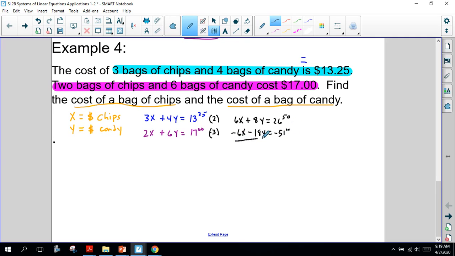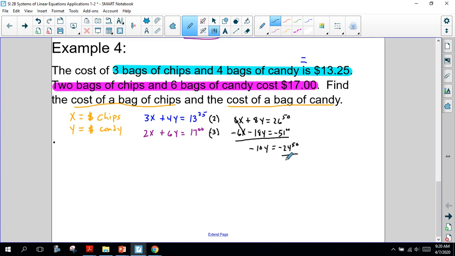All right, the whole reason we did this was to get it set up to eliminate. The x's do eliminate because of 6x and negative 6x. The 8y and the negative 18y gives me a negative 10y, and that is equal to negative 24.50.